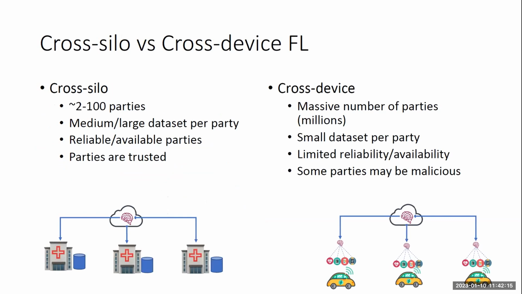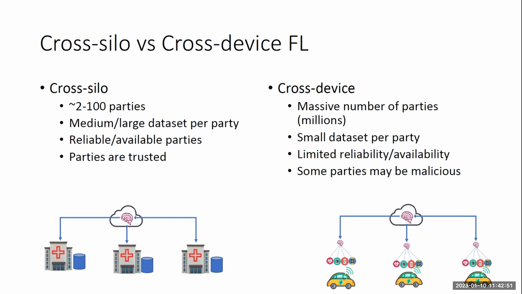Again, this is a slide by Aurélien. You have many, I would say, flavors of FL. The most known ones are what they call cross-silo and cross-device FL. The cross-silo use case is one where you have small numbers of parties with large data sets, reliable parties, and parties that are mostly trusted, like running FL between hospitals.